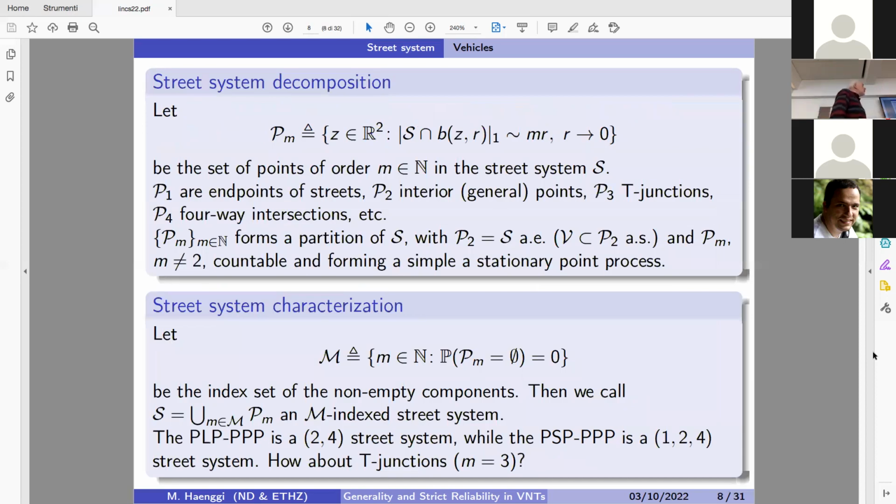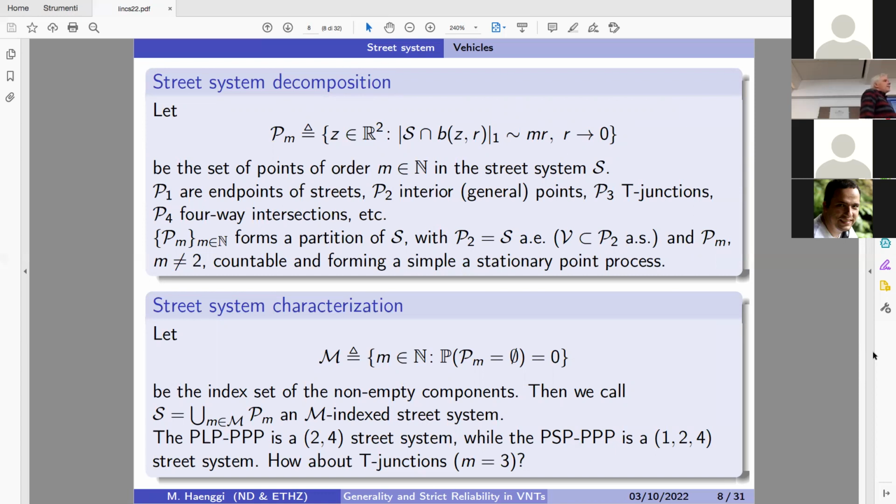Now we can decompose this street system into intersections or individual points of different orders. One way to do that is using this definition. We take a smaller and smaller ball, and we wonder, in the limit as the radius of this ball goes to 0, what is the asymptotic behavior as a function of the radius?